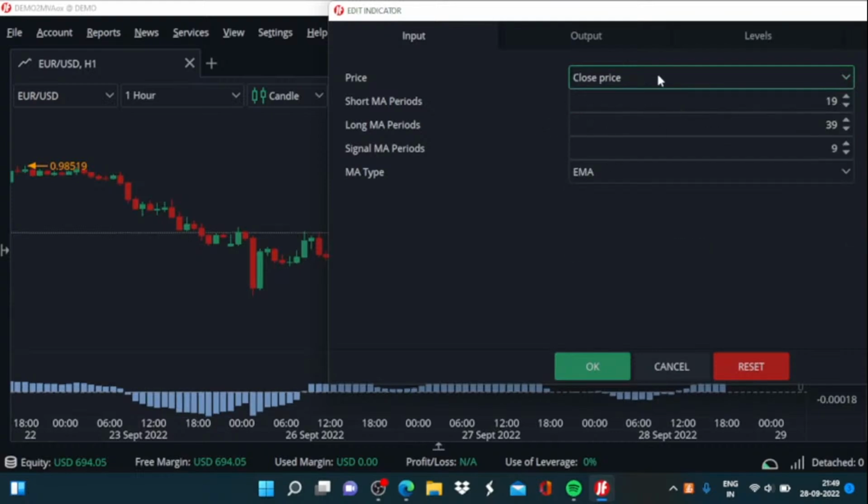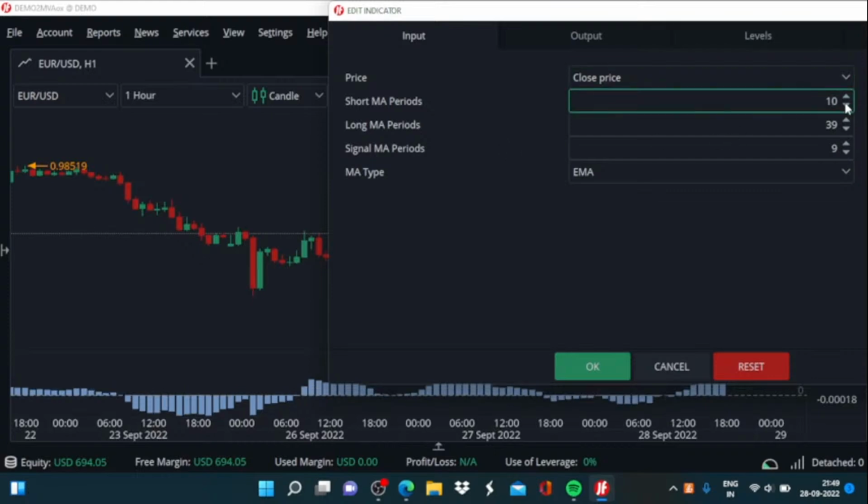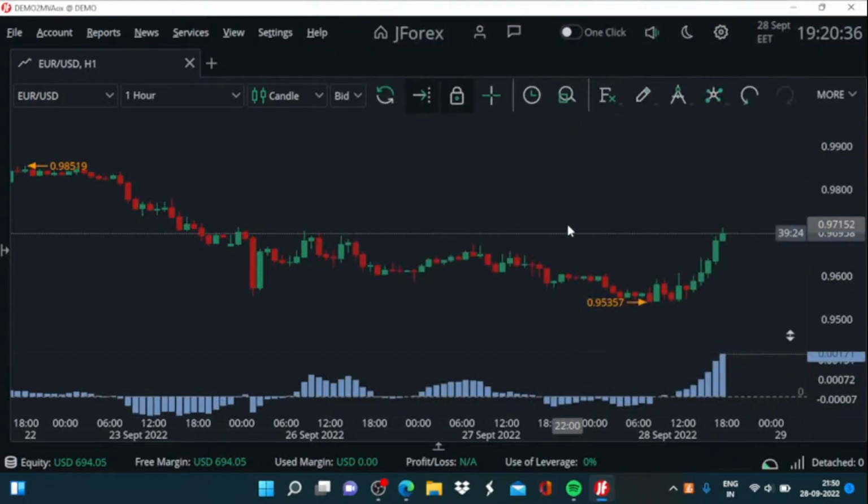Coming to the calculation of the MA periods, if you want the short MA period and long MA period to be the same as the default, then you can use the same combination. But if you want to play around and see how things will work out when you reduce or increase this combination, then you can try that as well. Here I have changed the calculation period for the MACD oscillator.